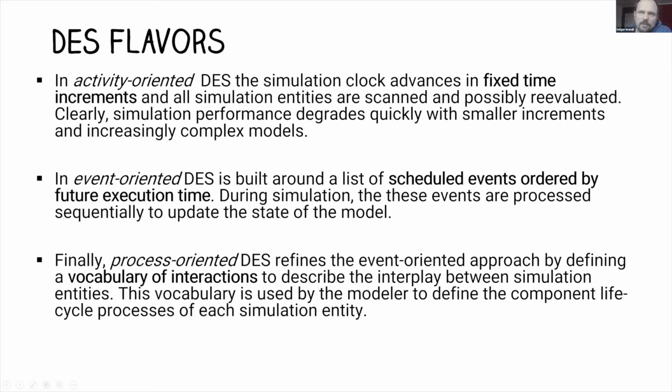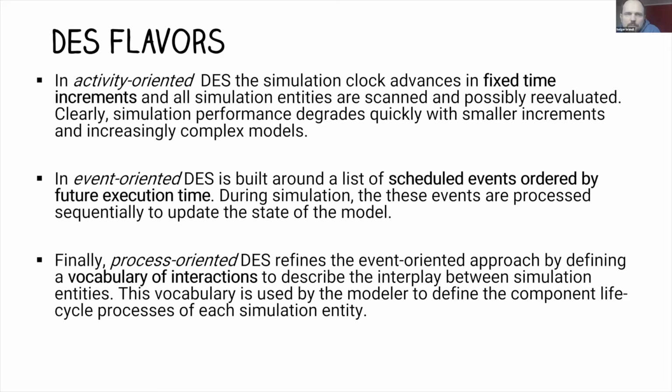So in discrete event simulation, there are actually different versions which have slightly different semantics. The first, and I think that's also the most traditional way of discrete event simulation, is so-called activity-oriented, where you have fixed time increments, which are used to evolve your system.